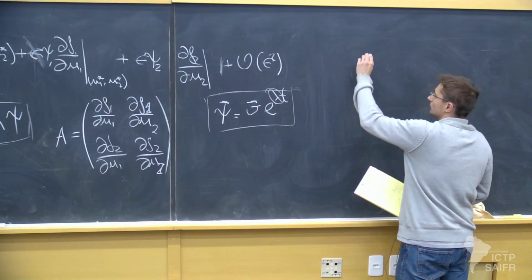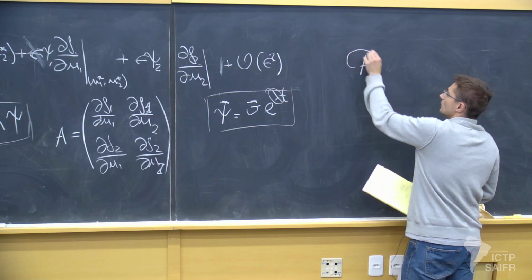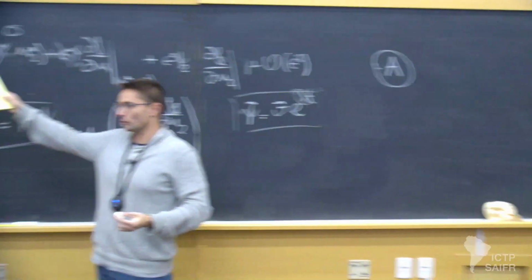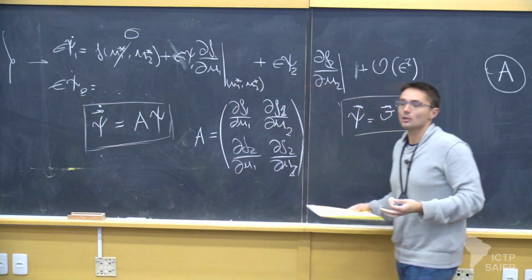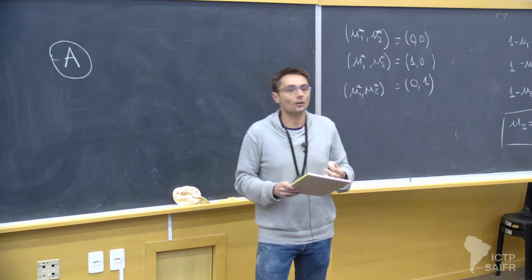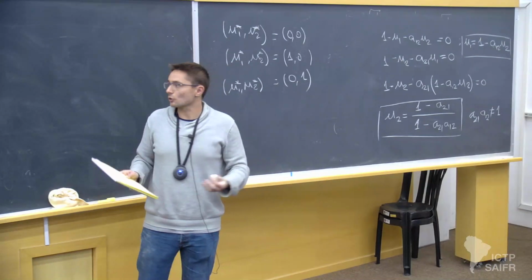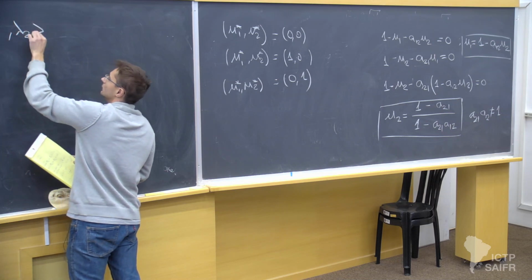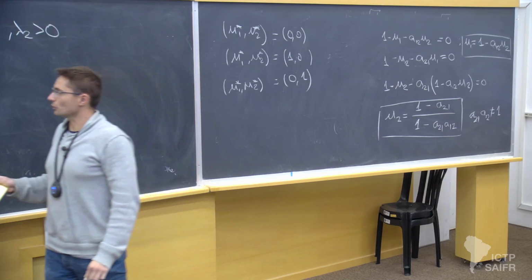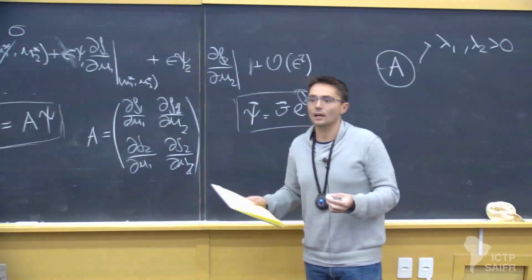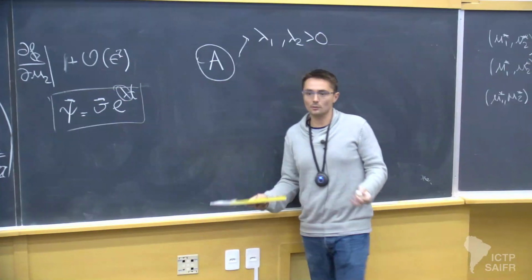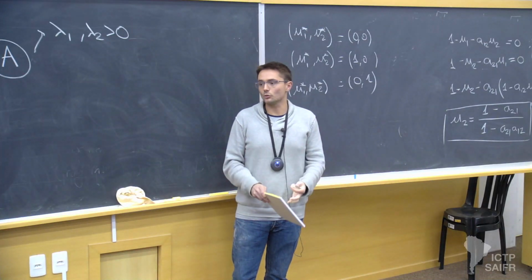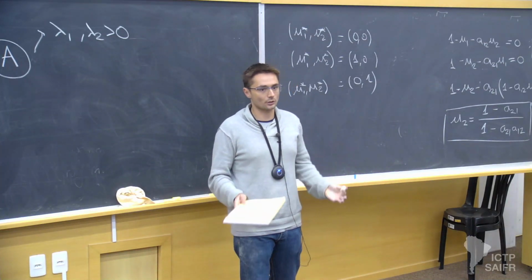So basically, if you're able to obtain the eigenvalues of the Jacobian of your dynamical system, you can know what's the sign of the growth of the perturbations. So if both eigenvalues are positive, this means that your solutions are going to grow in time and your fixed points are going to be unstable. If they are negative, they are going to decay in time and your fixed point is stable.